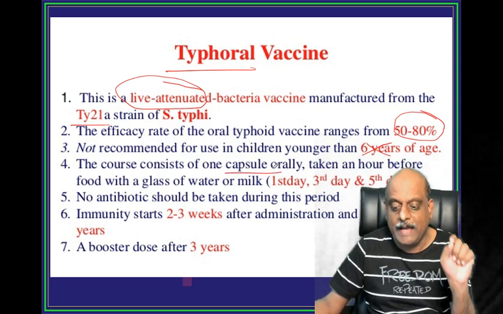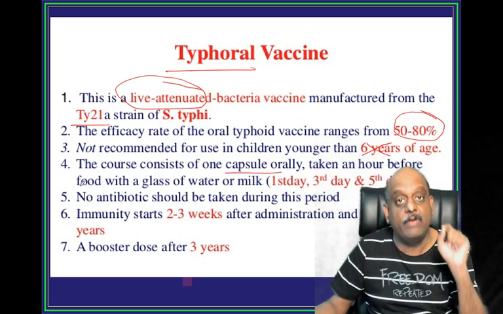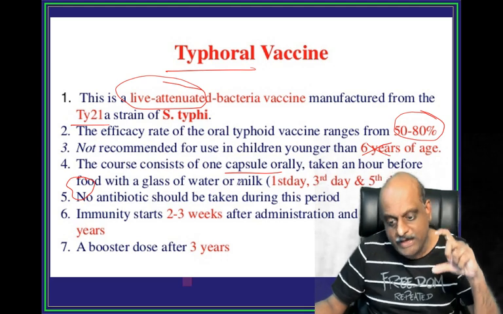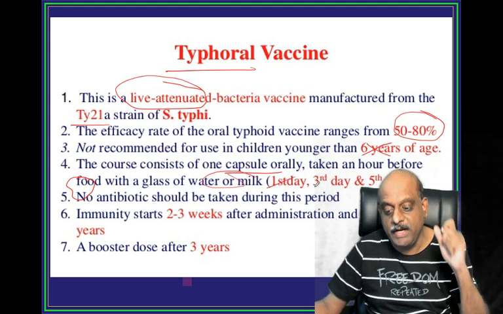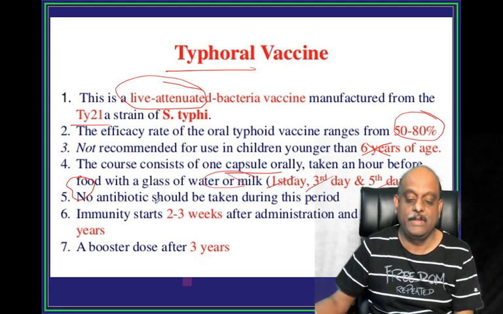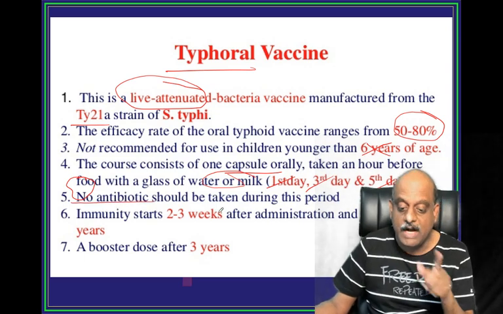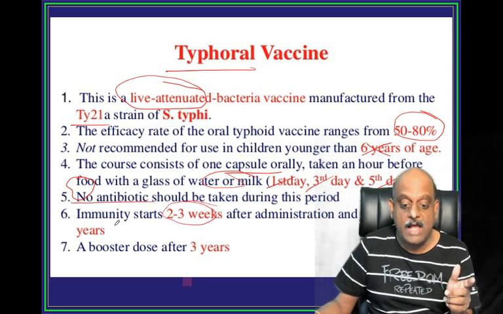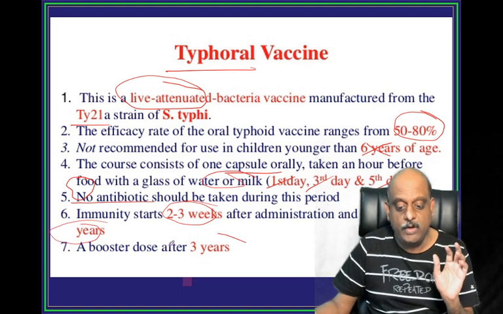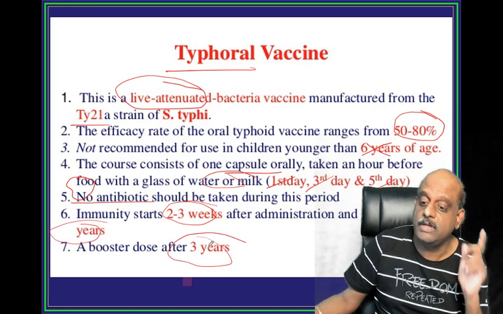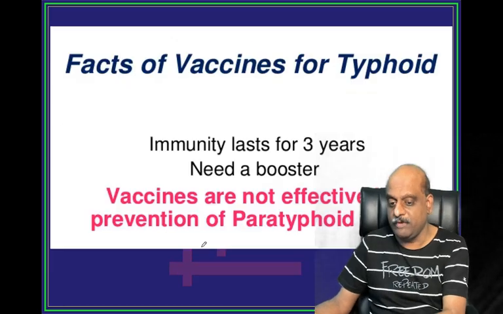You will give 1 capsule orally. It is to be taken 1 hour before the food with a glass of water or milk. First day, third day, fifth day. And no antibiotic you should give. Immunity will start from 2 to 3 weeks and it will last for 3 years. And you need to give a booster dose after 3 years is what you have to remember.